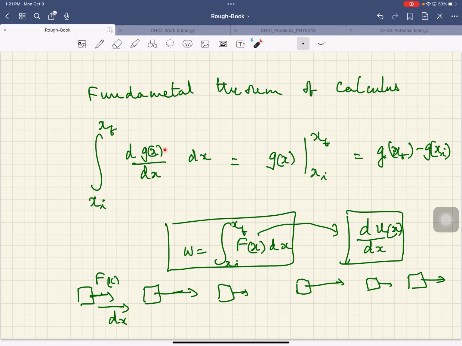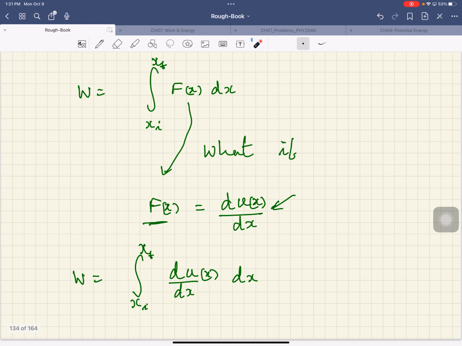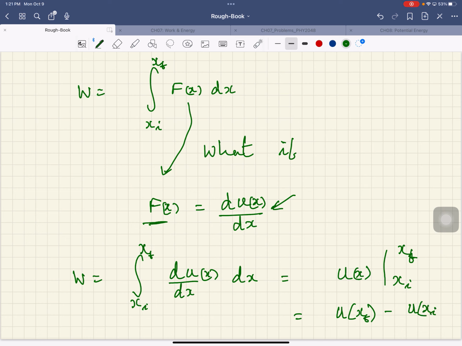If the integrand is a perfect derivative, then the integral is just g(x). So this integral would be just u, evaluated at x initial and x final. You see that integral was so easy to do. All we had to do was evaluate this function at the endpoints.